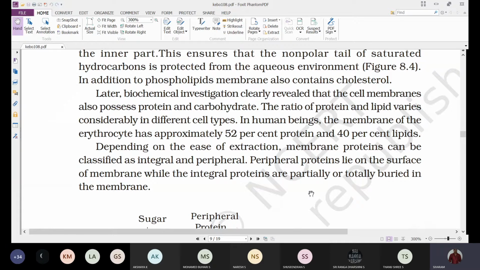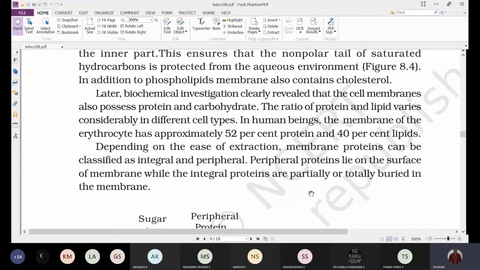We are discussing human beings. In human beings, the membrane of the erythrocyte, that means the RBC, has approximately 52% protein and 40% lipids, and the remaining percentage is carbohydrates and other components.